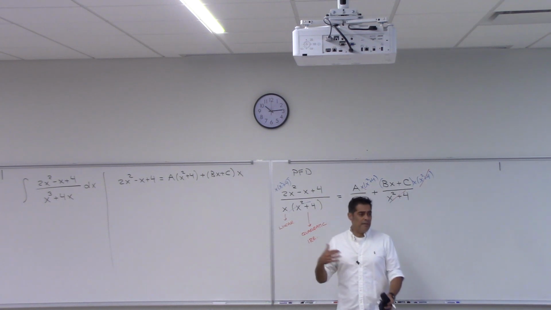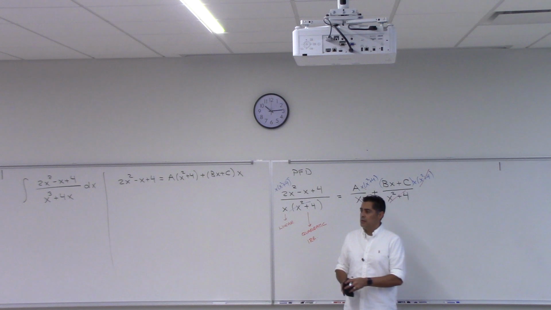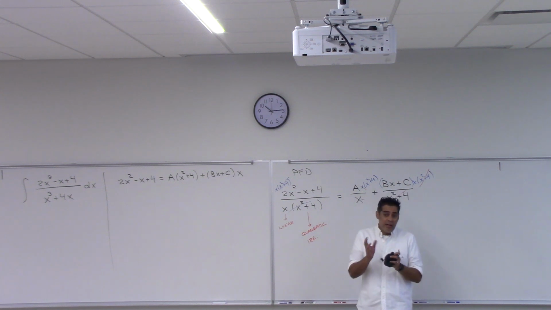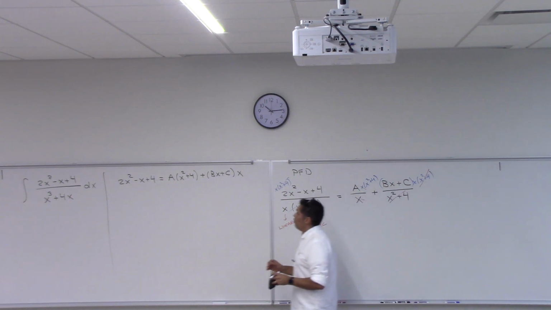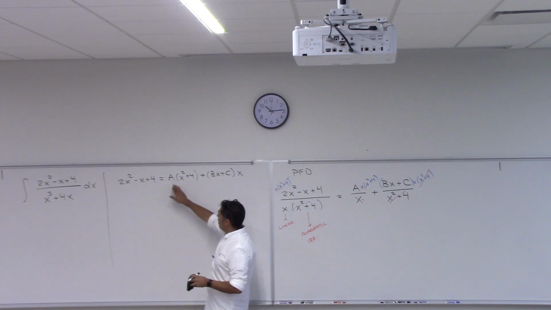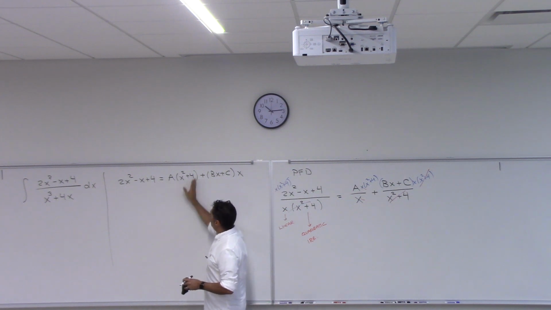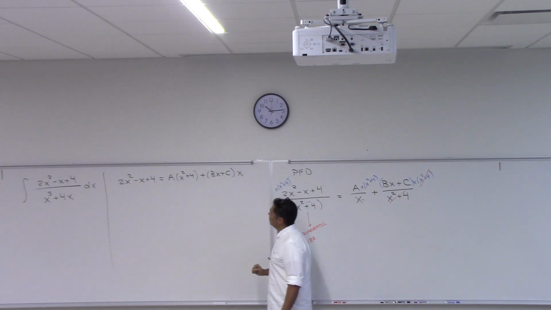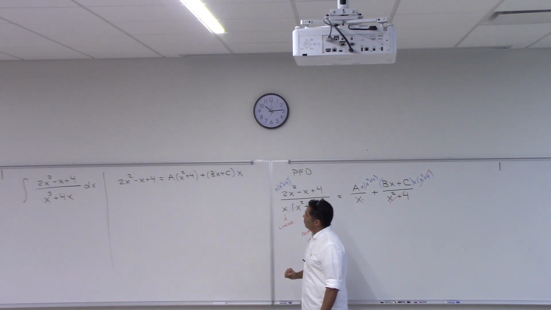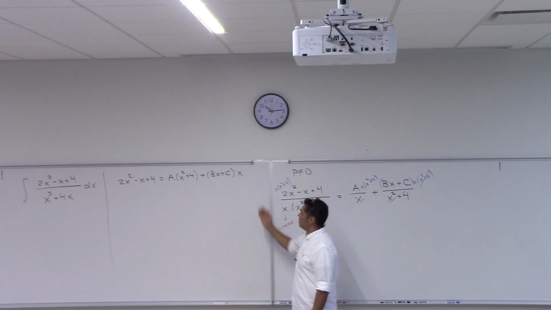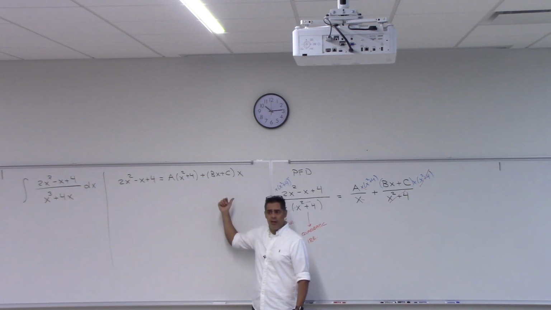Normally, this is where we go try and find A, B, and C, right? And we usually try and do that short method. Is there a way right now I can get A? Is there a factor that's over here that's not over there? No. What could I let x be? 0, right? I could let x be 0, kill this off, and I could go figure out what A is, couldn't I?